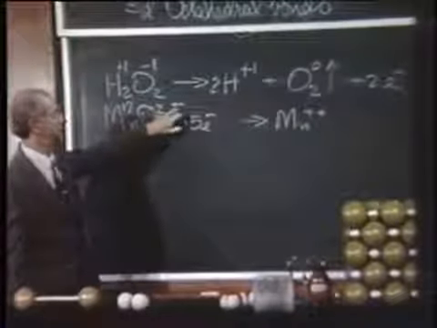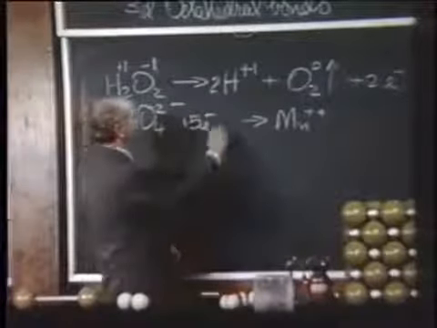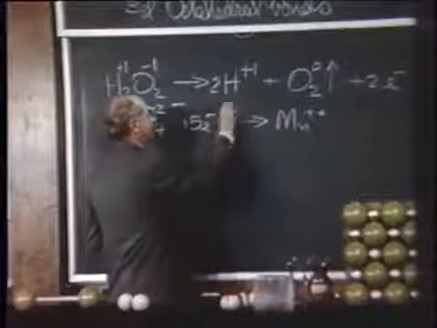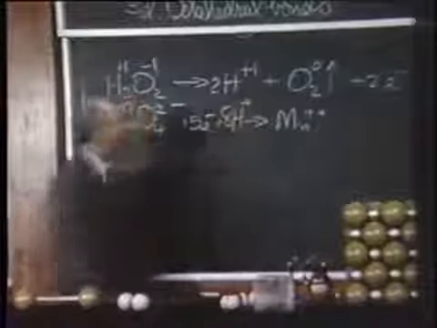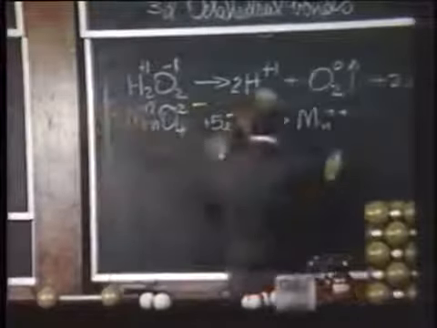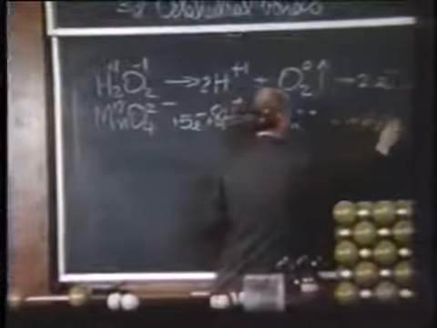This is -1. -5 and -1 is -6 over here. We need a total of 8 plus charges. This is in acid solution, so I write +8 H plus, with hydrogen ion. And now, to balance the atoms, I have +4 H2O.